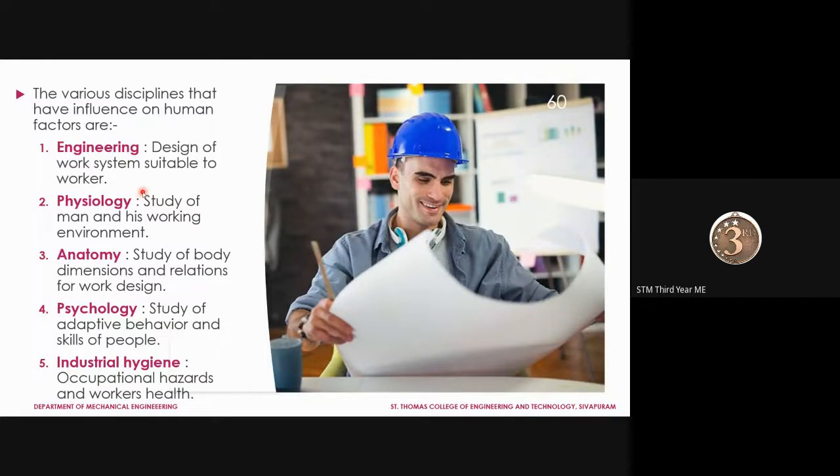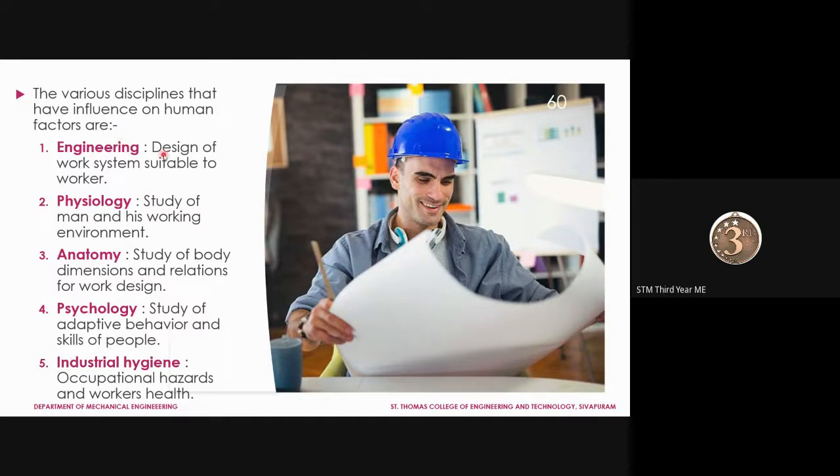This is almost the same answer as for psychological attitudes of humans towards work. Okay, this depends on that, but it is not exactly that answer. But these are human factors that affect the work. So what are some of the human factors? First is engineering. So what is engineering?